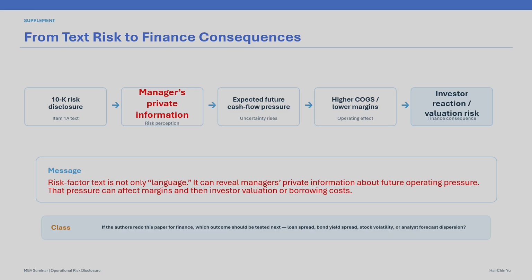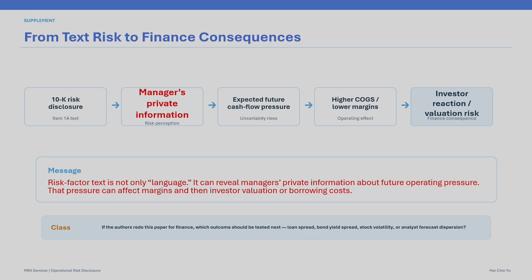So this is the manager's private information. I can choose to disclose higher risk, and I can choose to disclose lower risk in my tenure, late tenure.